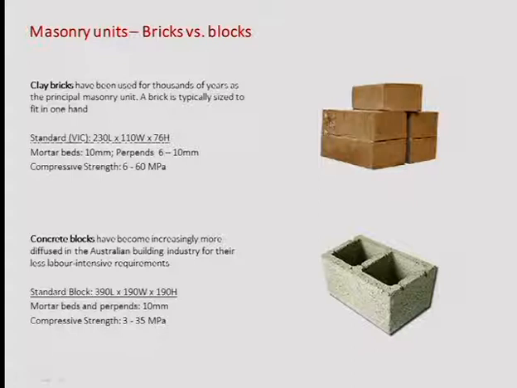Having this type of height saves you a lot of work, because one brick is already occupying 7.6 centimeters, so you need fewer courses to make up your wall, so less labor. I think that was the purpose when they decided that. The standard block is 39 by 19 by 19, and again the mortar bed is about 10 mil.